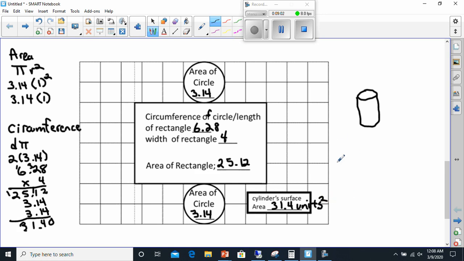And lastly, if the test should ask us for the cylinder's volume, then we know the formula for the volume of any shape is volume equals big B times H. Well, big B over here is the area of the circle, and that's 3.14.